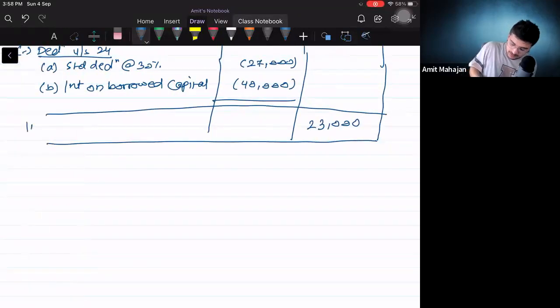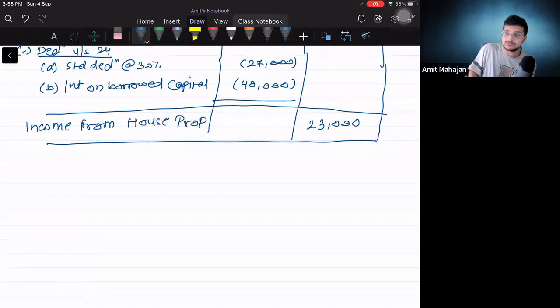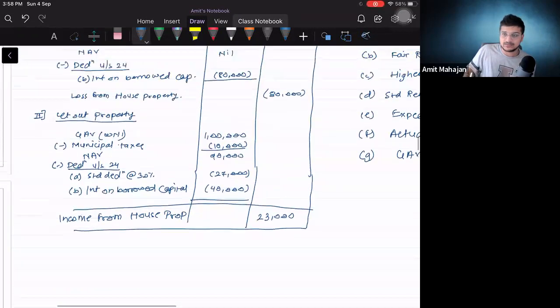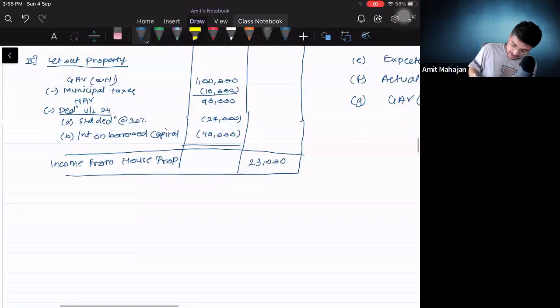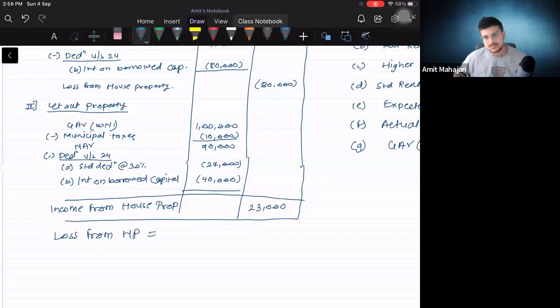That will be income from house property. But don't forget one more thing. There is a loss above as well, we will set off with that head. So ultimately loss from house property will come: 80,000 loss, 23,000 profit, which means it will be 57,000.